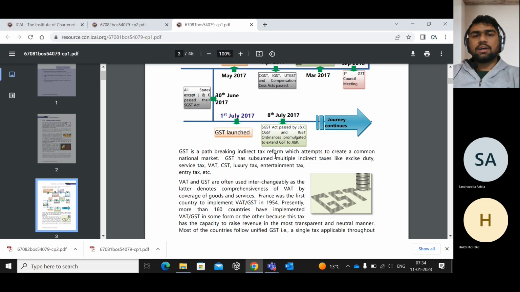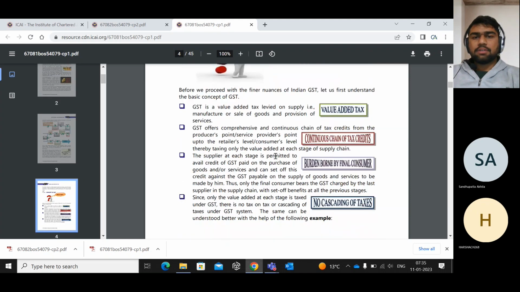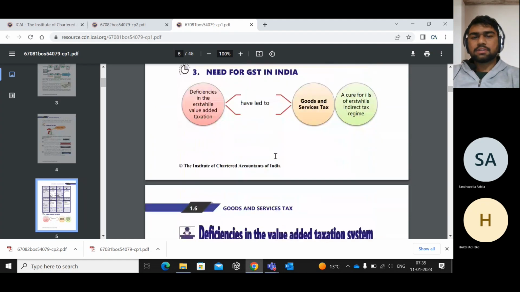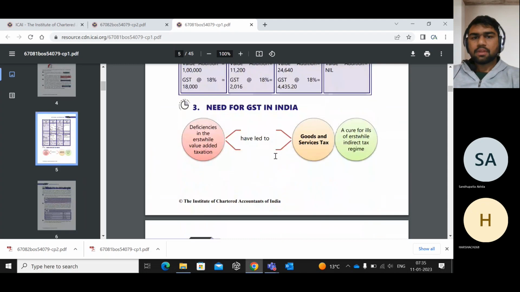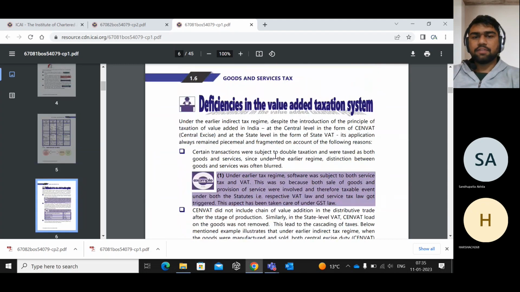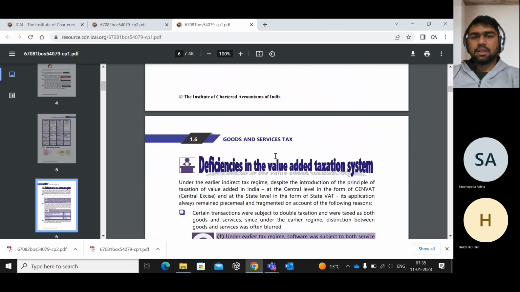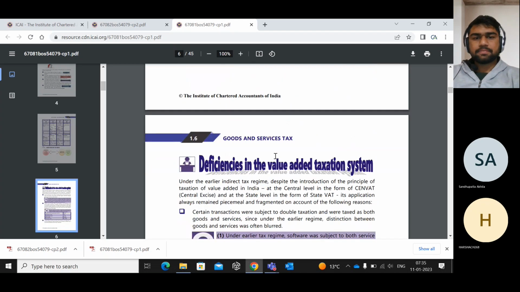We also discussed the disadvantages that GST took as an advantage to initiate in India. Today we are going to discuss the benefits, that means the advantages of introducing GST in India.